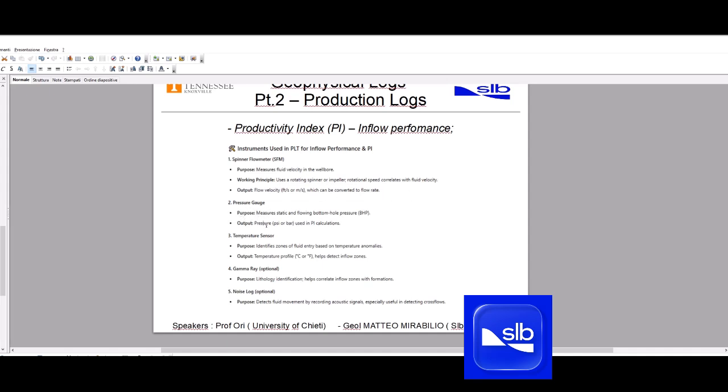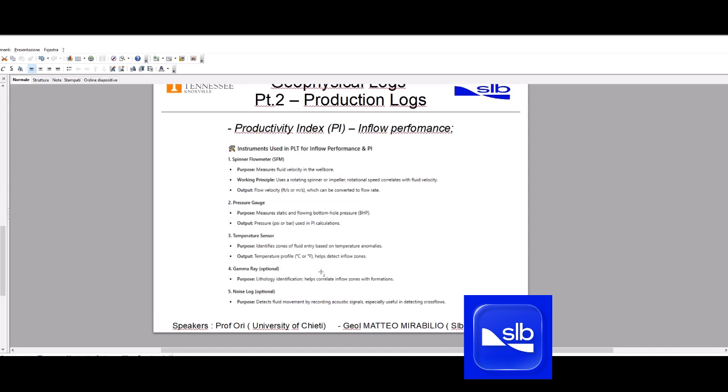Pressure gauge: measures static and flowing bottom hole pressure. Output pressure in PSI and bar. Temperature sensor: identifies zones of fluid entry based on temperature anomalies. Output: temperature profile, which detects inflow zones.